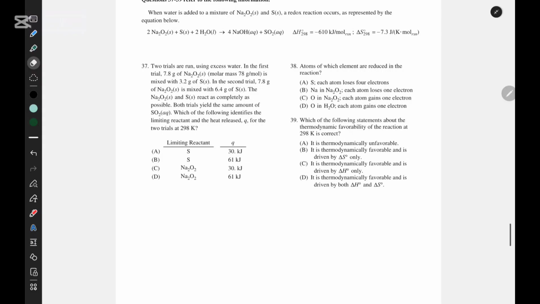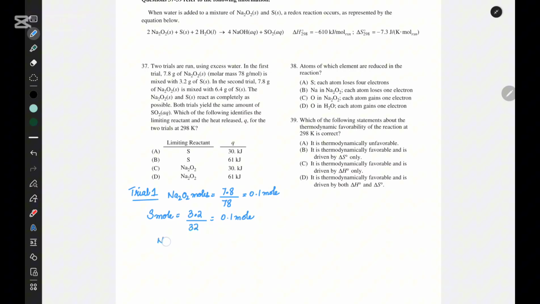So first of all, what we need to do here for trial 1, I am going to find out Na2O2 moles, and that comes out to be 7.8 mass divided by molar mass, which is 78, and that is 0.1 mole. And then we have sulfur moles, and that is 3.2 divided by 32, and that is 0.1 mole of sulfur.